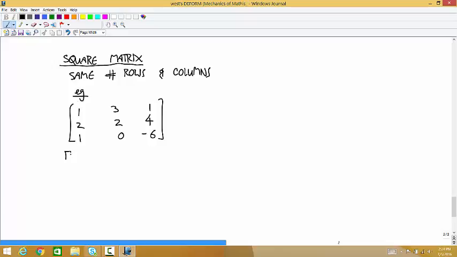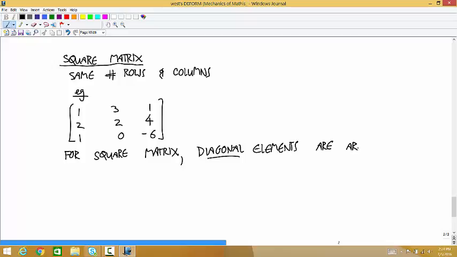And for a square matrix, the diagonal elements are all the elements where i equals j, the column number equals the row number.